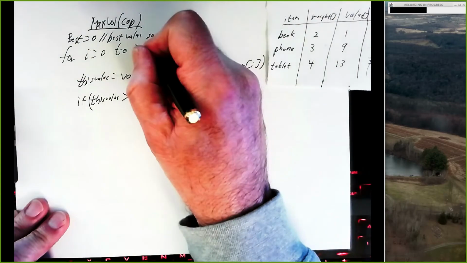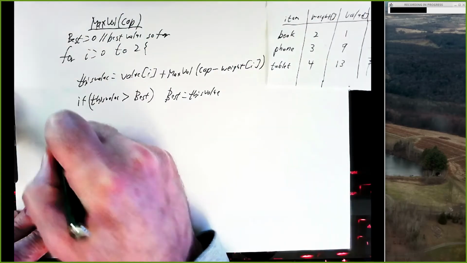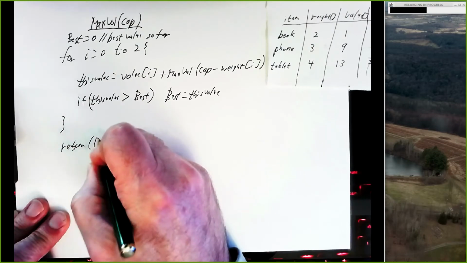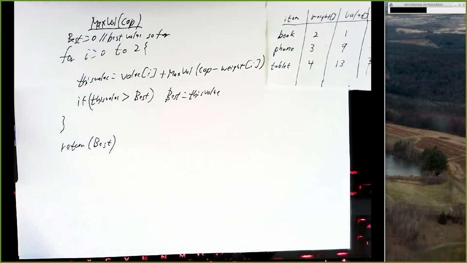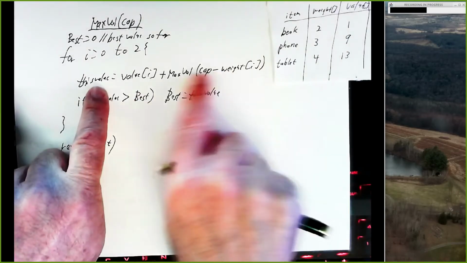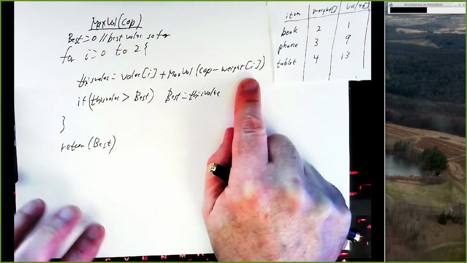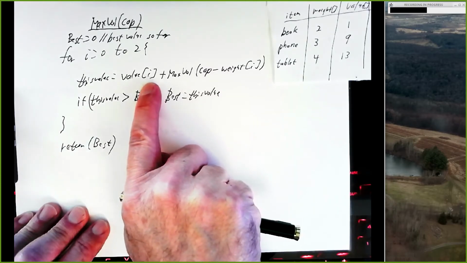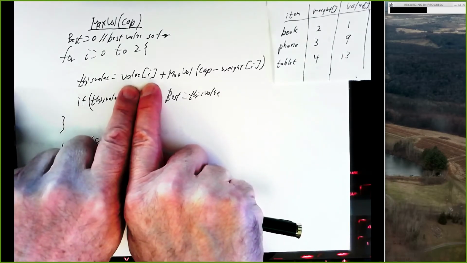All right, so we can iterate over the items, and when we're done, just return the best value that you've seen. So this calculation is where all the good stuff happens, right? And again, this is saying if I start with item I in my bag, I get this much value from that item.